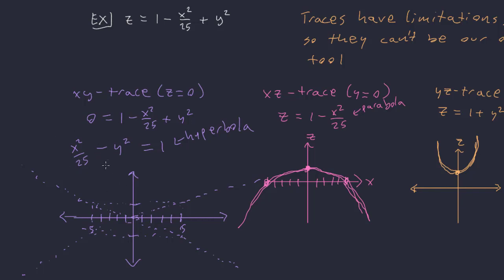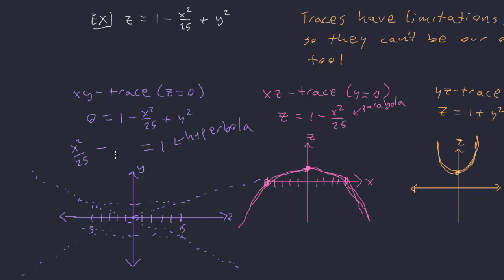Because if I put in 0 for x, that would be us being on the y-axis. But if I put 0 in for x, say that disappeared, you'd have negative y squared is equal to positive 1. That's impossible, right? So x can't be 0 in this particular case, so we can't live on the y-axis.